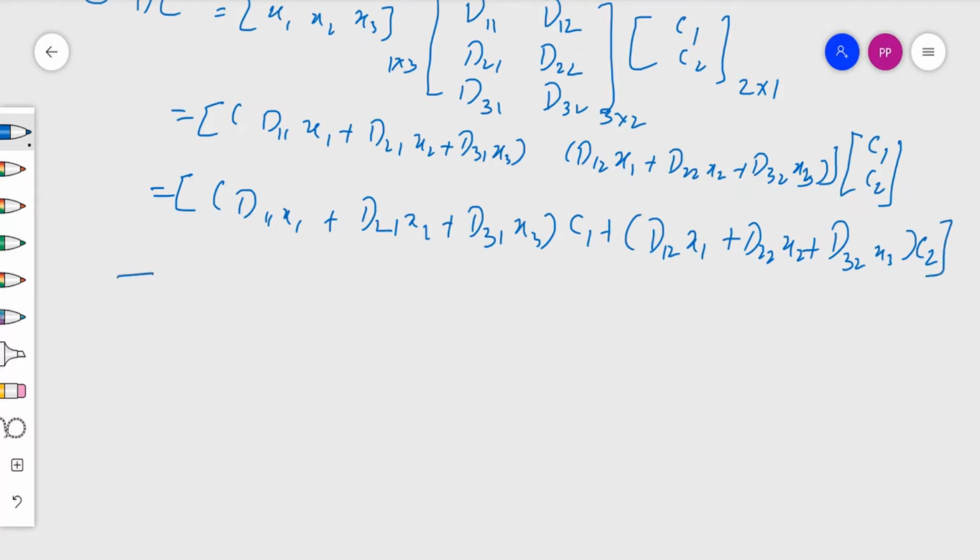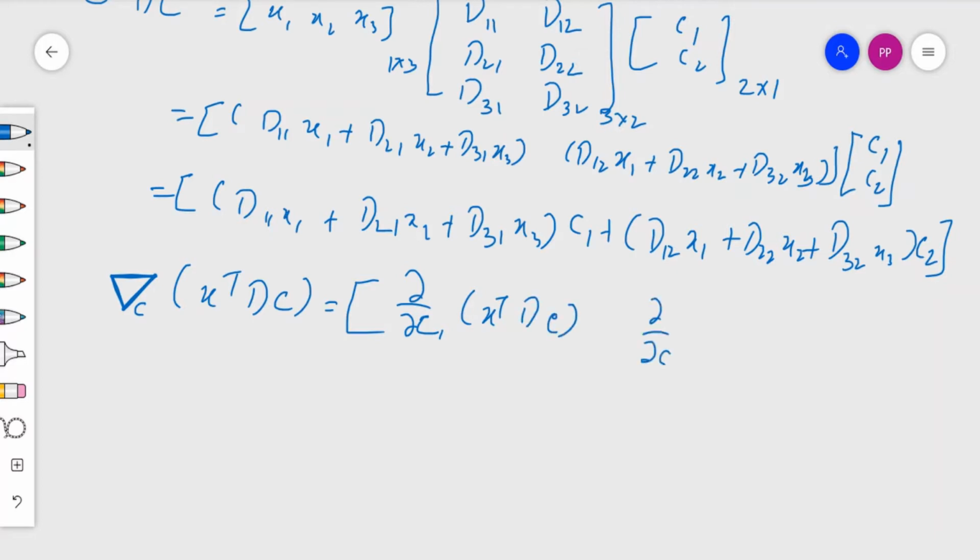Now you find grad C over X transpose DC. This is a vector, so let us write like this: dou by dou C1 of X transpose DC, then dou by dou C2 of X transpose DC. Then this is a vector, so we put transpose over here because we are writing in the form of a row matrix.